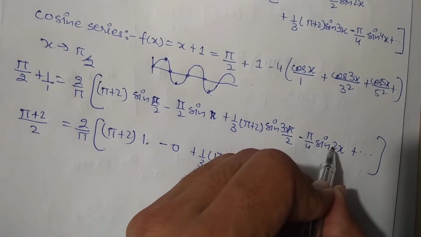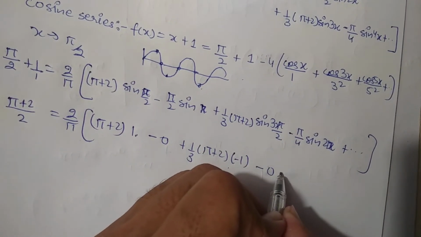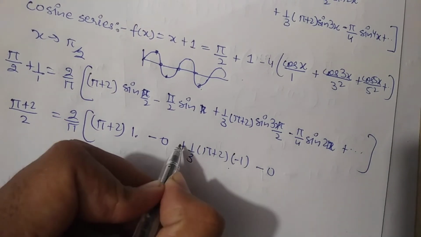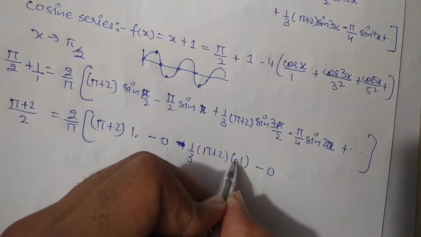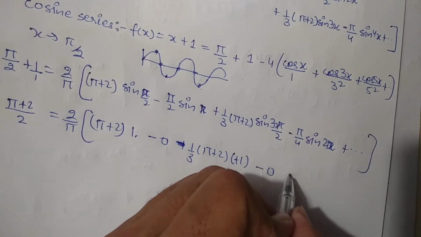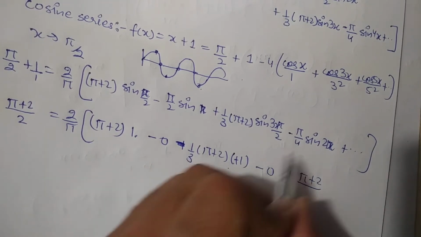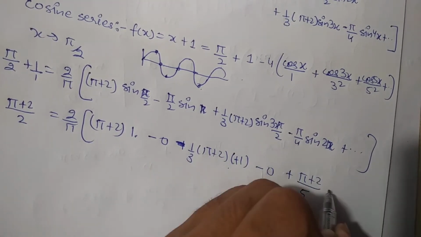Now again sine 2 pi will be 0 only, then the next value will be minus 1, so I can put minus over there, and this value will be plus only. The next value will be plus only, so I can write pi plus 2 divided by 5.